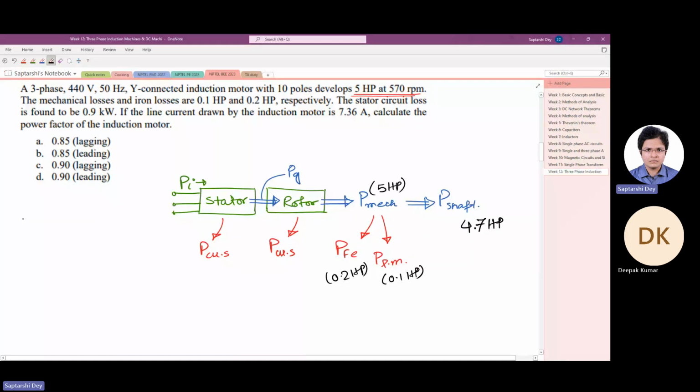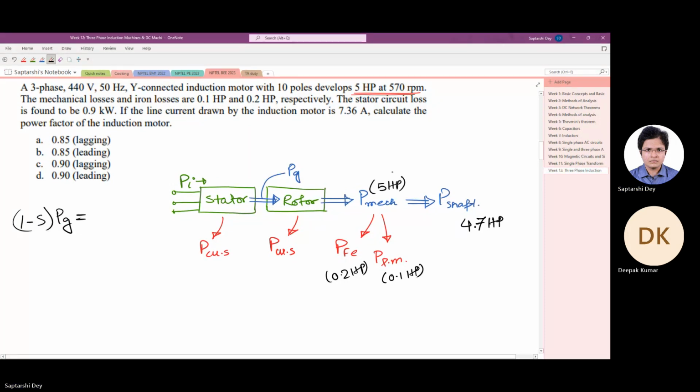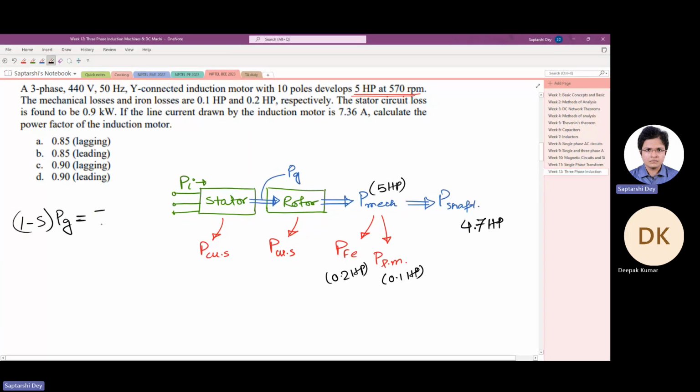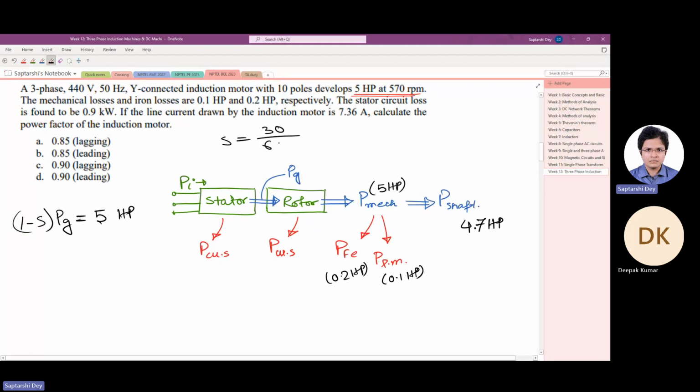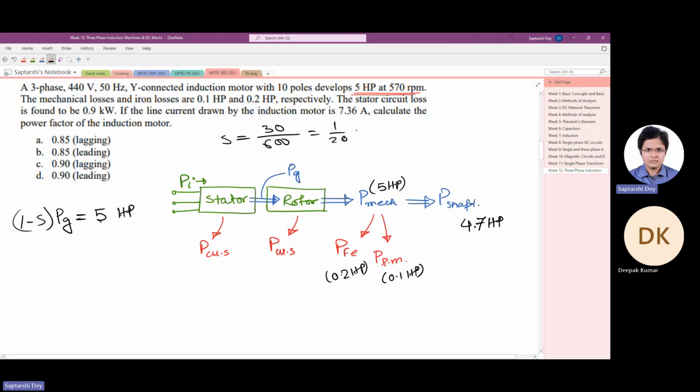So (1 minus S) times Pg is 5 HP. Slip we have to find out. It's three-phase 440 volt, 10 poles, so 600 RPM. 600 minus 570 is 30 by 600, which gives you 1 by 20, which is 0.05 slip. Right?